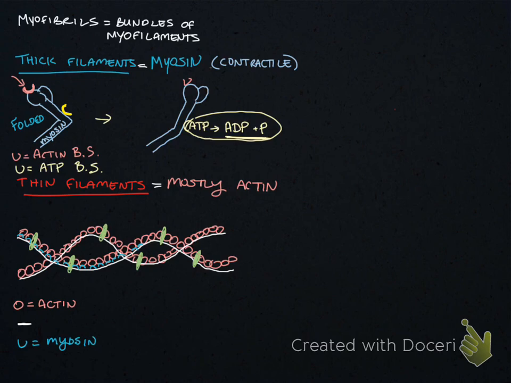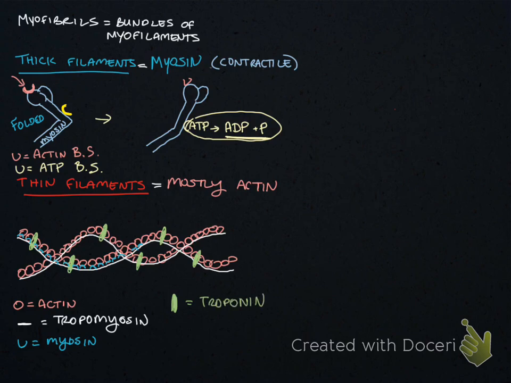But it is blocked by this white line here, and this white line is called tropomyosin. And what is holding it in place is sort of this gatekeeper called troponin.